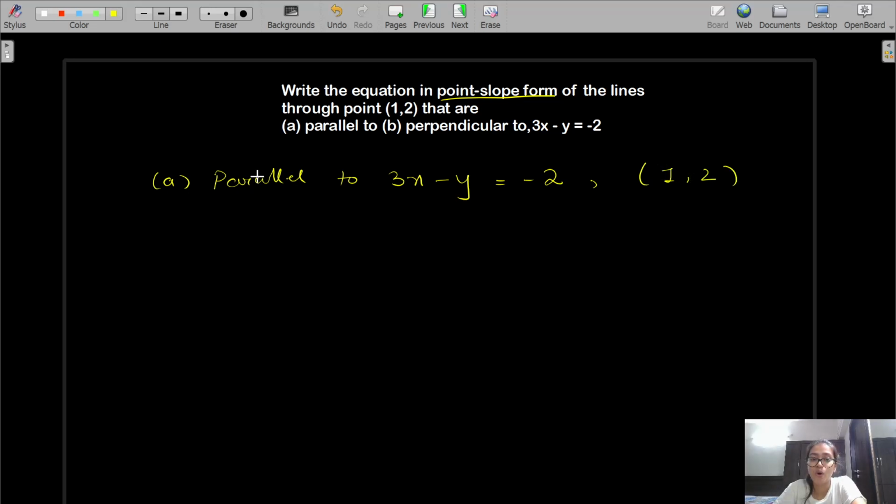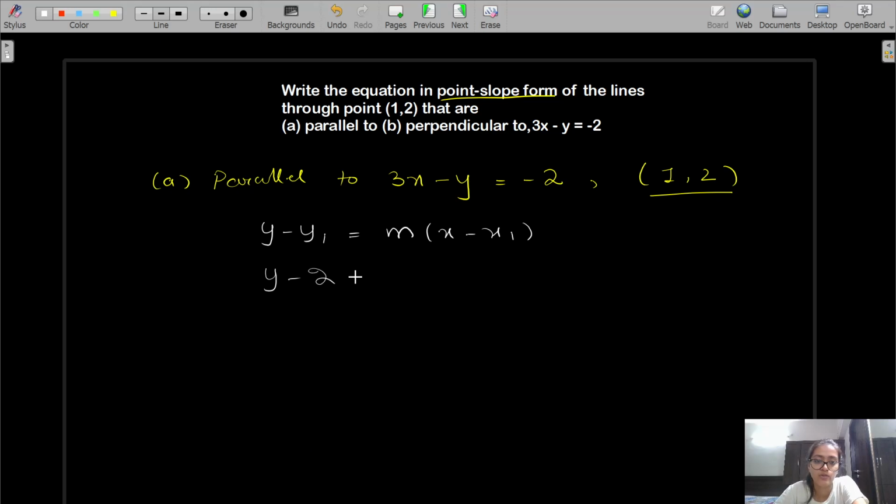Now, all you need is the slope of the line. You already know that this point will lie on that line and you have to write the equation in point slope form. So point slope form is y minus y1 equals m times x minus x1. You already have the values of x1 and y1, which is 1, 2. So in place of y1, we can write 2.